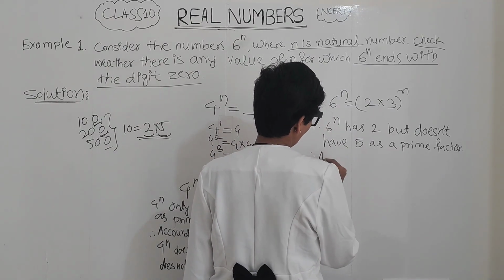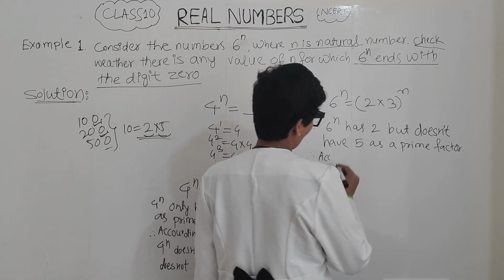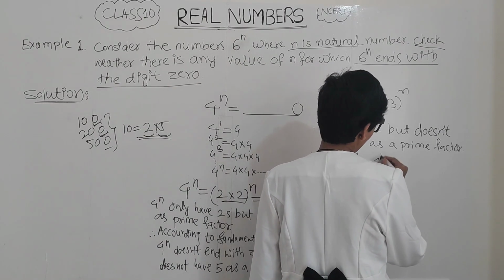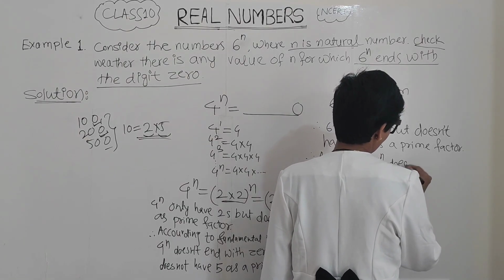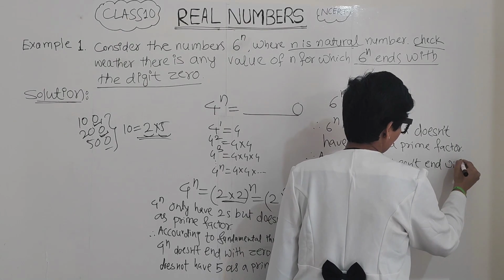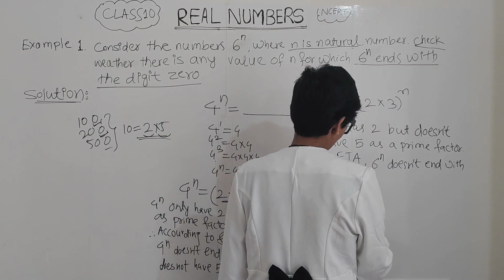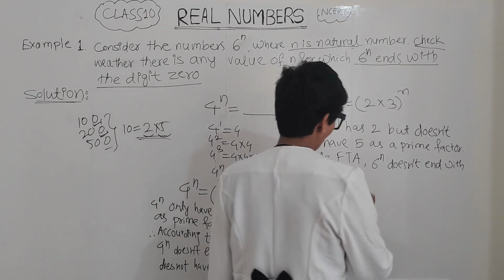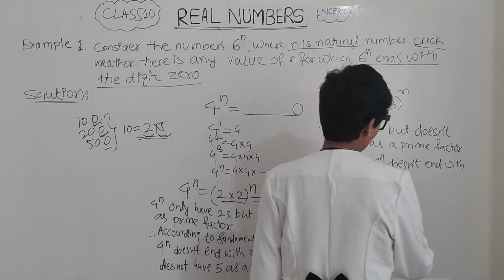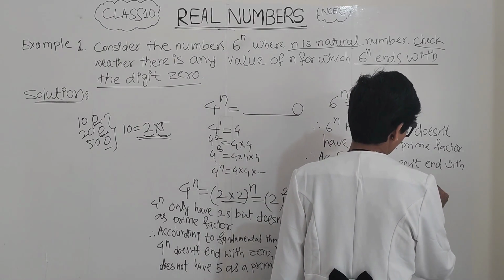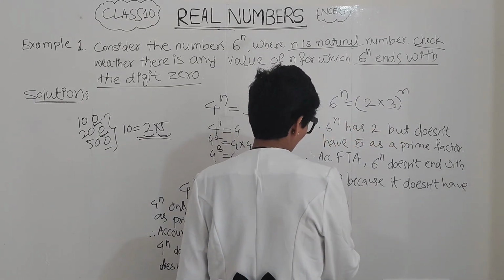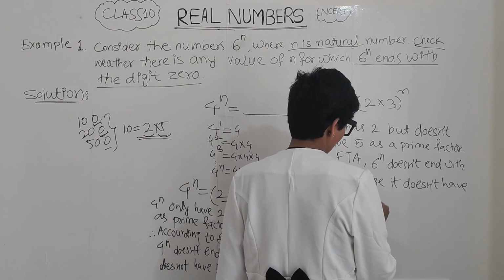Therefore, according to the fundamental theorem of arithmetic, 6 to the power n doesn't end with 0, because it doesn't have 5 as a prime factor.